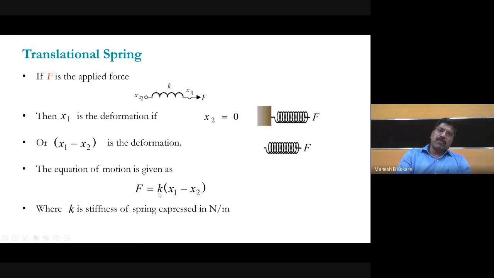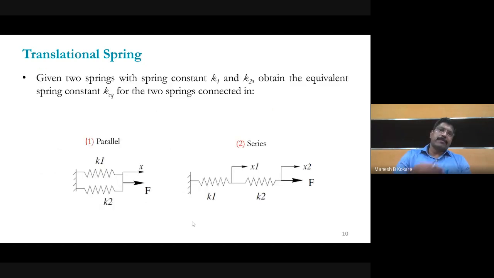Now, if one end of this spring is at the reference, x2 will be 0. In this case, F is equal to k into x1. And this k is the stiffness of the spring, expressed in Newton per meter.